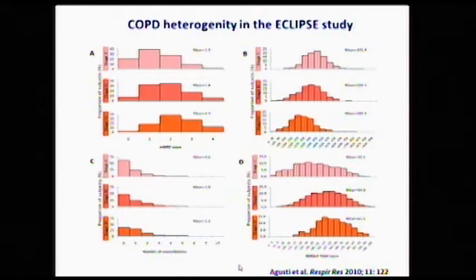But we know, and we know it very well, we've heard it this morning, but we have very good data from the ECLIPSE study showing that for a given level of FEV1, and here in the ECLIPSE study, patients were classified according to GOLD stage, spirometric GOLD stage. So this is GOLD stage 2, this is GOLD stage 3, and this is GOLD stage 4. And for any given thing that you look for, you have marked variability. For example, this is dyspnea.